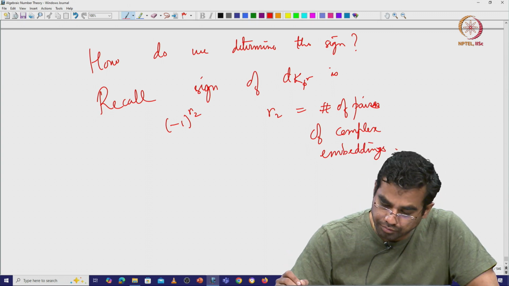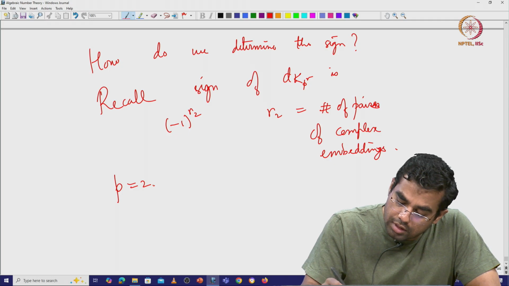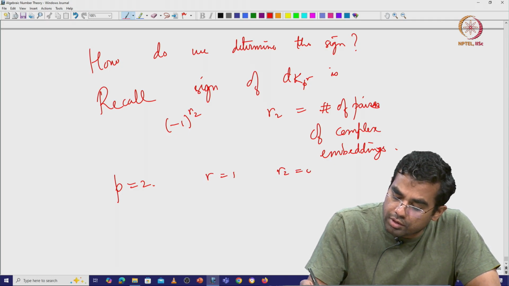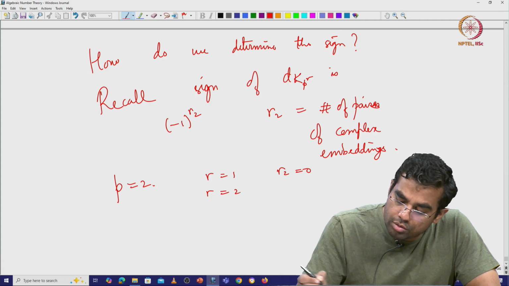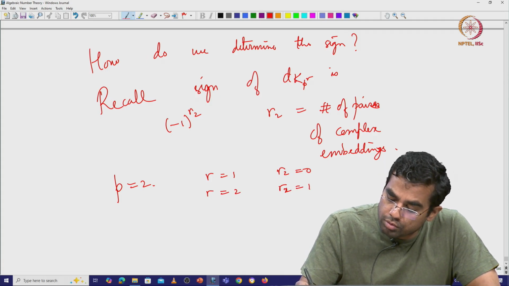Let us take p equal to 2 first. If r is equal to 1, then r2 is equal to 0. If r is equal to 2, then you are looking at the 4th root of 1, and r2 is equal to 1.